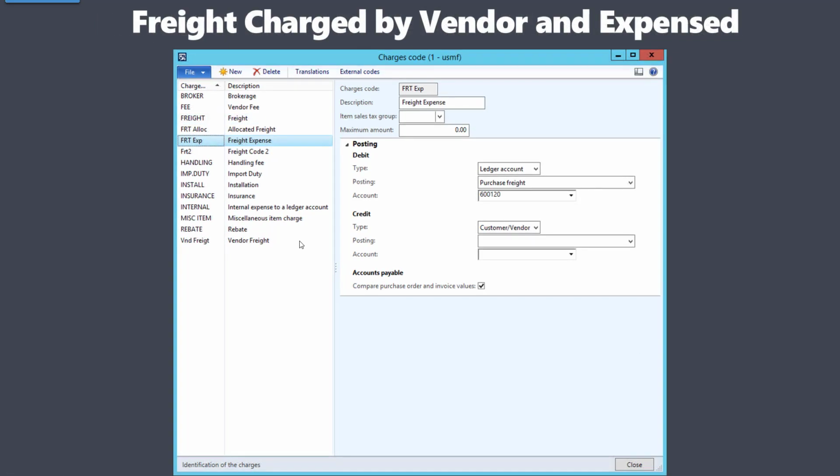Freight charged by vendor expensed. So now, rather than associating the freight charge with the item itself, I'm hitting a separate expense line. I just want to show you the examples. I usually like to apply it to the item itself if I can.